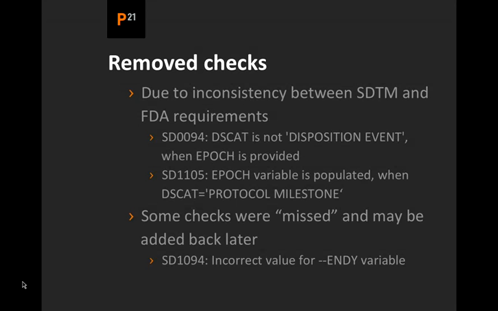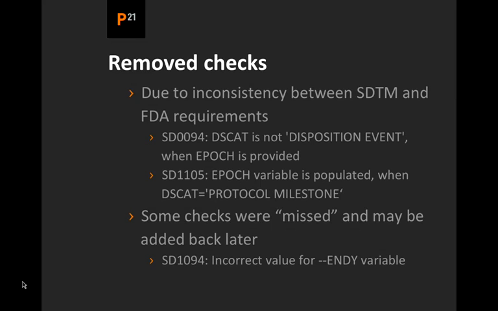Okay, there are a few removed checks. Some of them were removed due to inconsistency between SDTM and FDA requirements. Some examples are checks for disposition data around the epoch variable. The implementation guide business rules said one thing, but FDA requires populating epoch for each record.